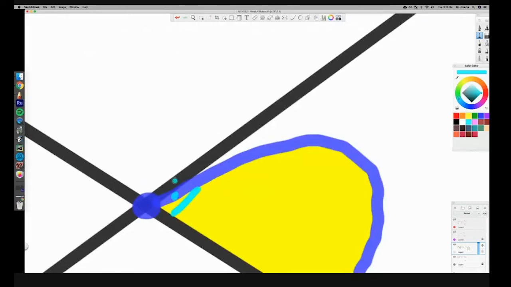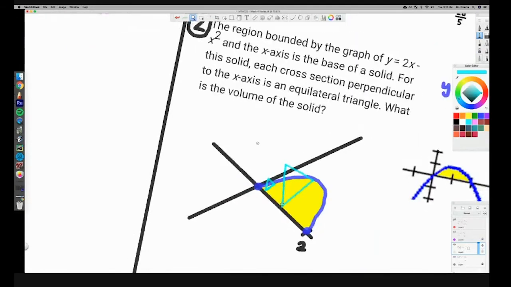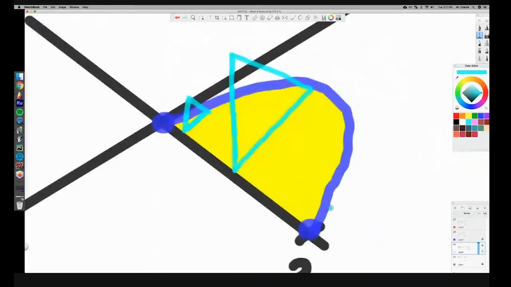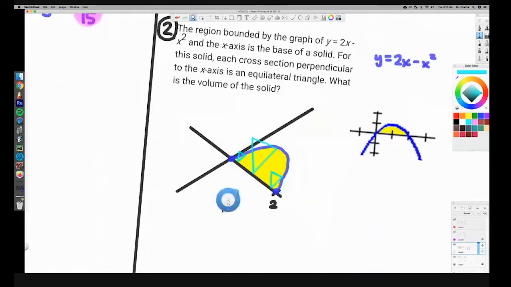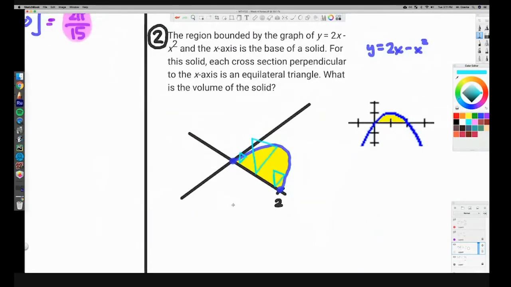I'm gonna end up with an equilateral triangle that looks something like that, like this. And then I'm just going to make a smaller one because they're easier to make. Okay, so you end up with something like that.